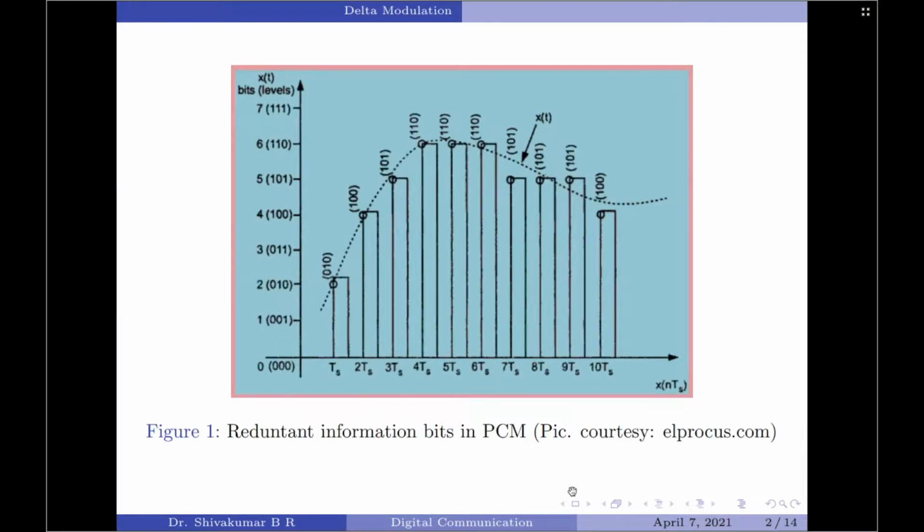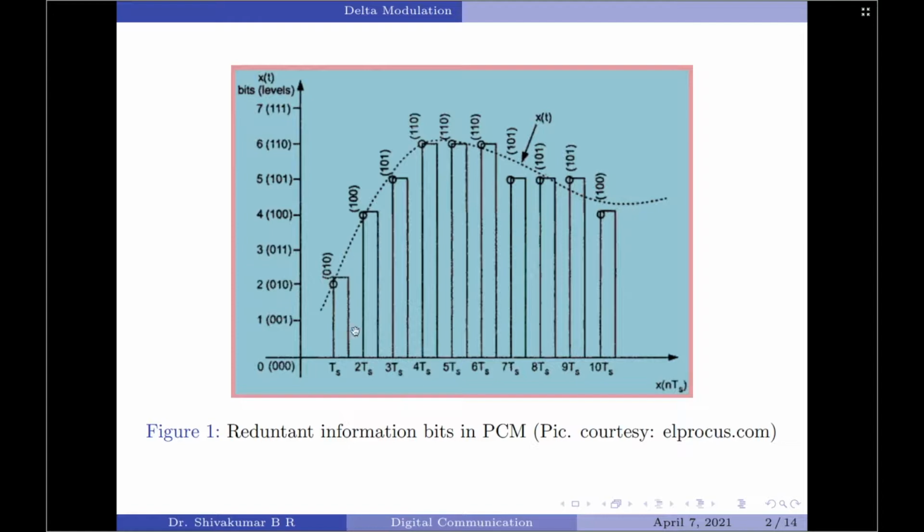In our previous discussion, that is on differential pulse code modulation, we have learned that correlation between adjacent samples can be used as an advantage to reduce the overall bit rate as well as the number of bits required to transmit a sample. As an example, consider the diagram shown in figure 1 here. The neighboring samples are differentiated only by a small change in their code words.